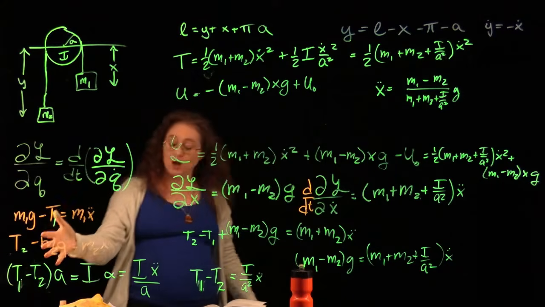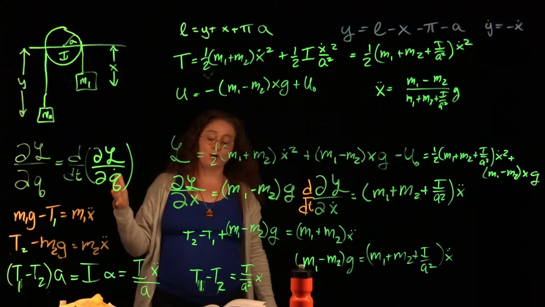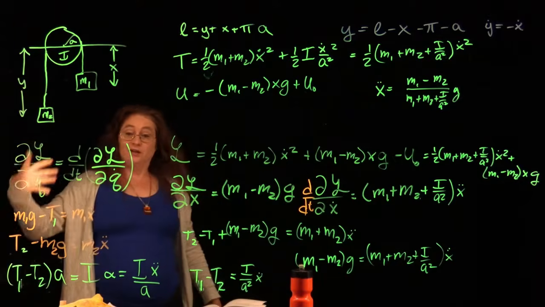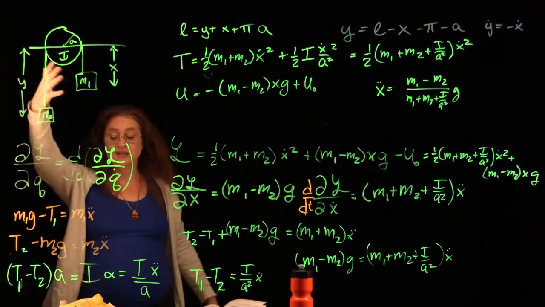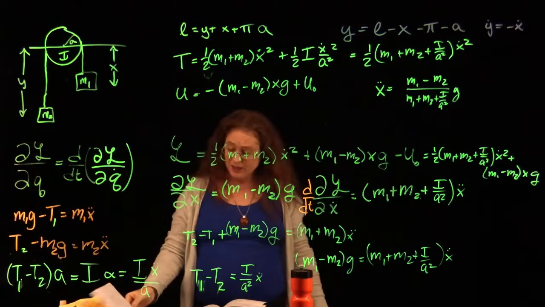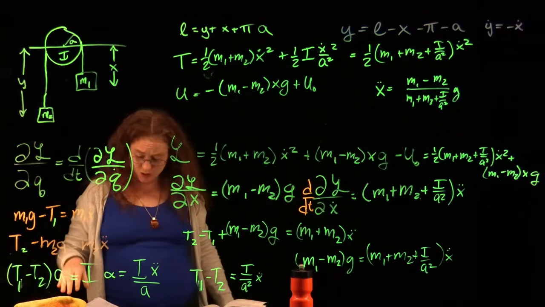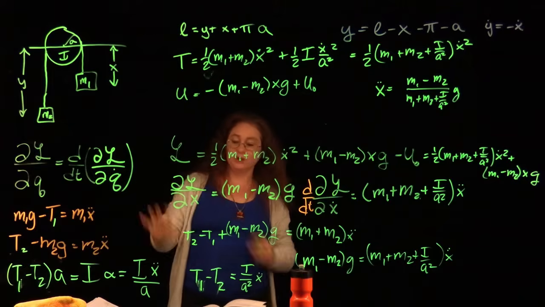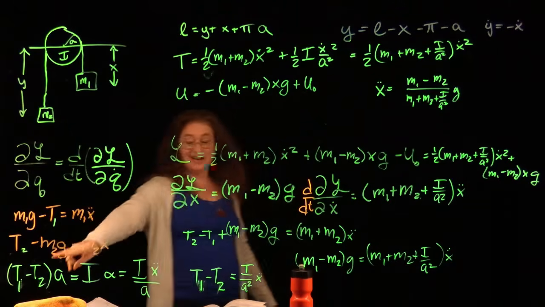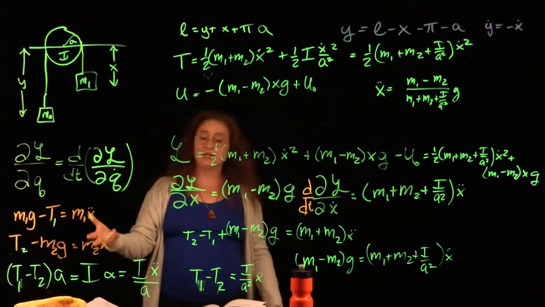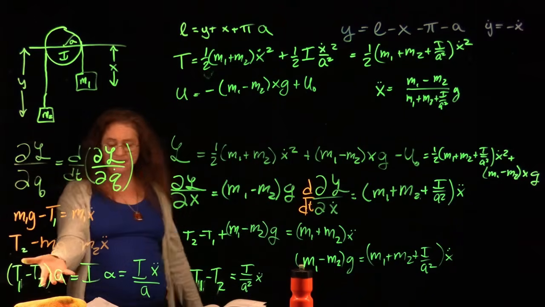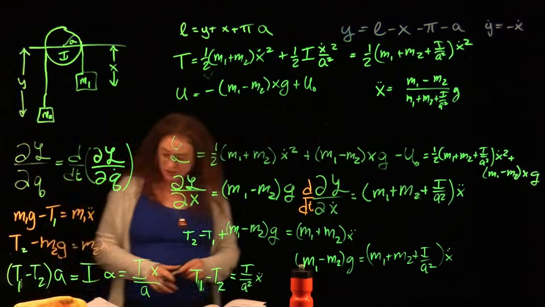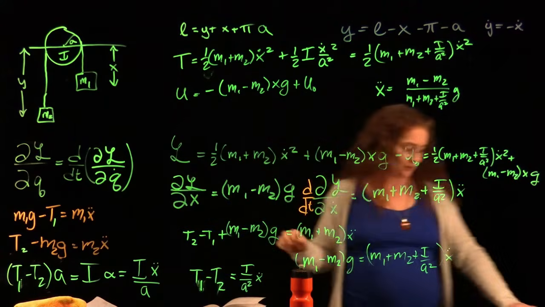In the Newton's law approach, you have to write down the net force for each of the two masses and the net torque for the pulley, and do a little bit more algebra, and the signs get a little bit tricky because you have to make sure that you're adding your tensions correctly there.